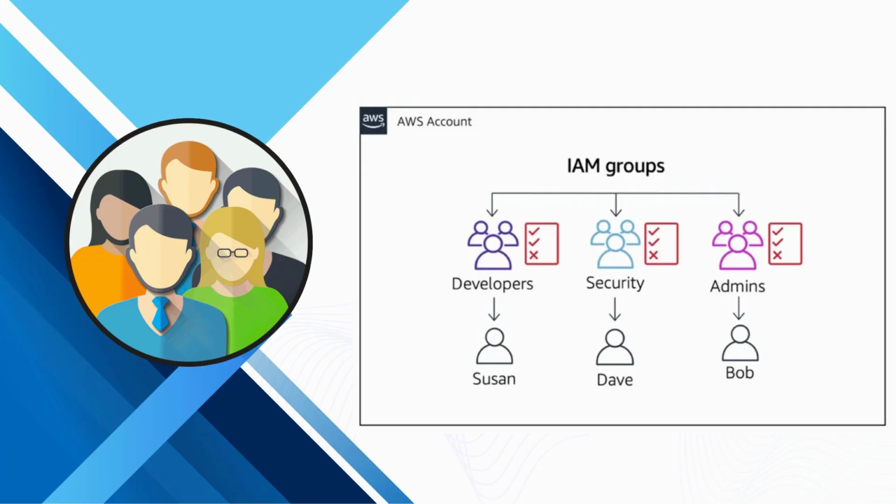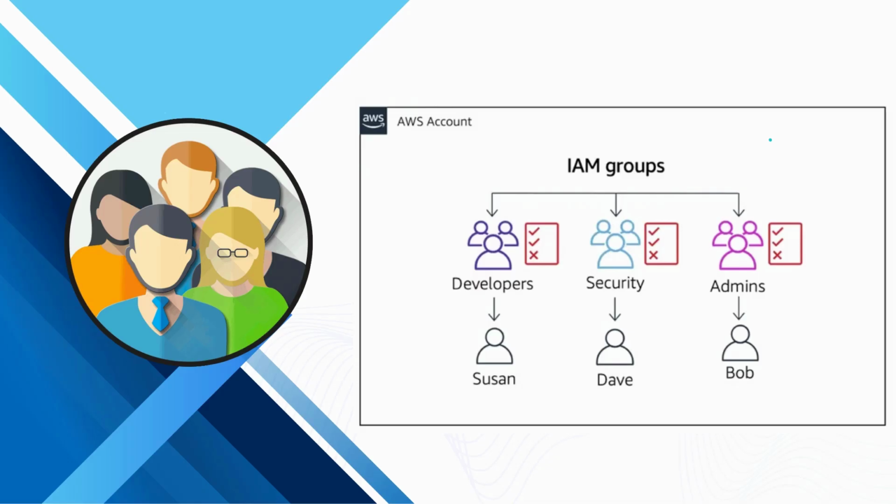Well, an IAM group is a collection of users, and all the users in the group inherit the permissions assigned to the group. This makes it easy to give permissions to multiple users at once, and it's a more convenient and scalable way of managing permissions for users in your account. And that's why IAM groups is one of the best practices that we went through on a previous slide.